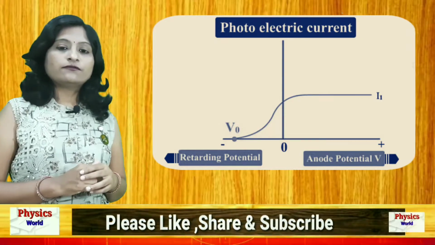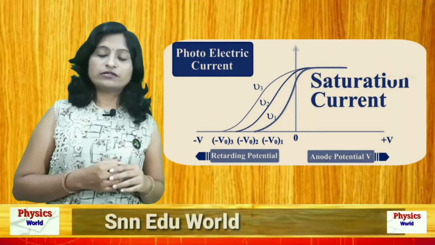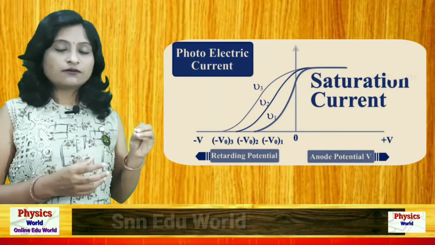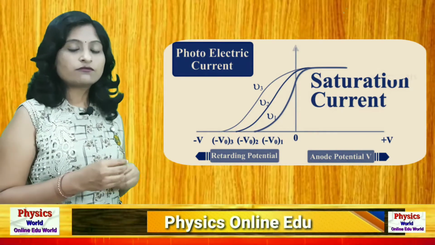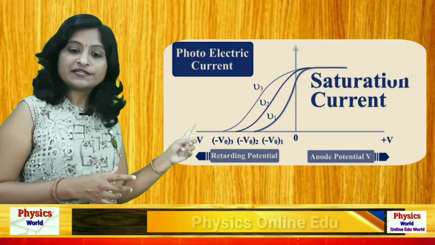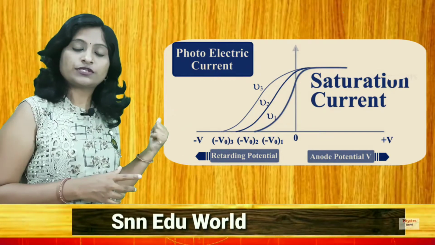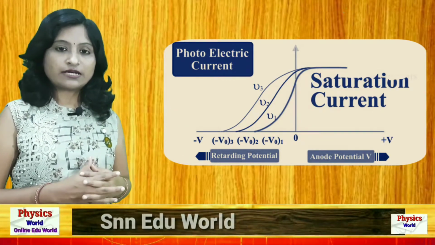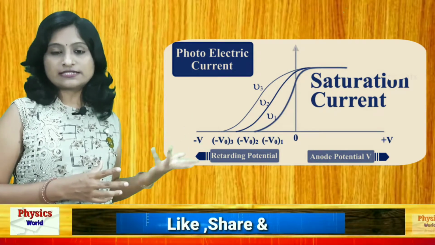Now see, in the same case we kept the frequency constant and the intensity constant. If we vary the frequency, you will observe that as the frequency increases, here nu1, nu2, nu3 are three frequency values, and let nu1 be less than nu2, less than nu3.